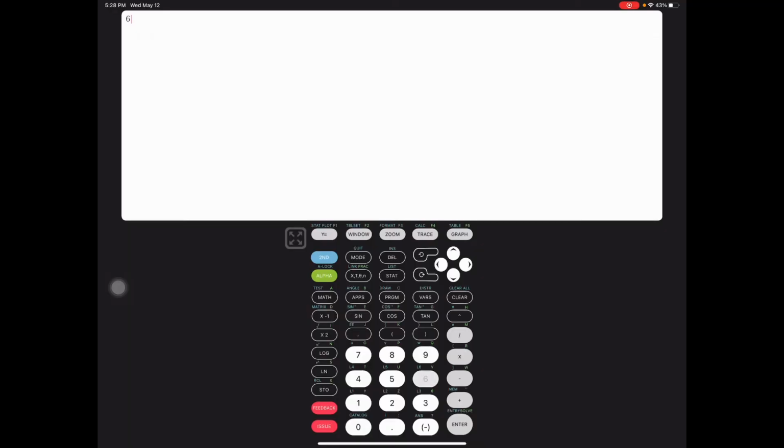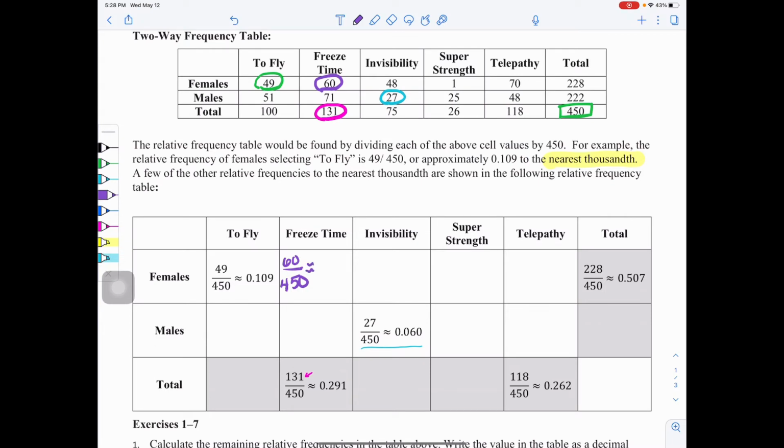So I would do 60 divided by 450, and I get 0.13333 repeating. Now remember, we want to go to the nearest thousandth, so that would be 3 decimal places, which would be 0.133. So we do the approximately sign because we're rounding. It would be approximately 0.133.